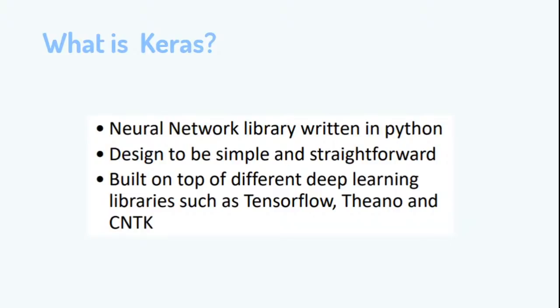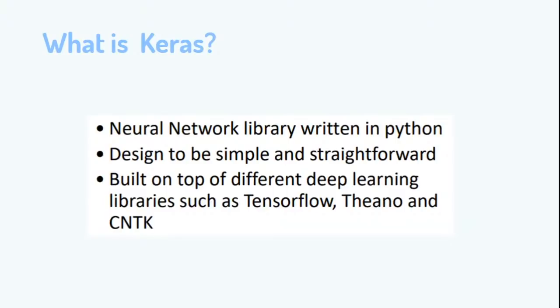It is built on top of different deep learning libraries such as TensorFlow, Theano and CNTK. Note that I already told you Keras is used to build a neural network algorithm, or deep learning algorithms. But Keras is an API only. To build a neural network algorithm or deep learning algorithm, we need some deep learning package.